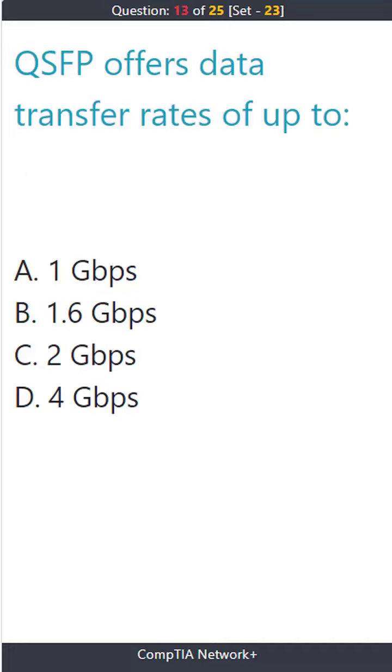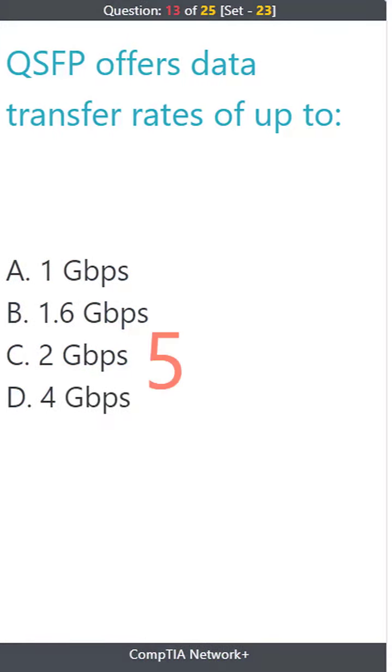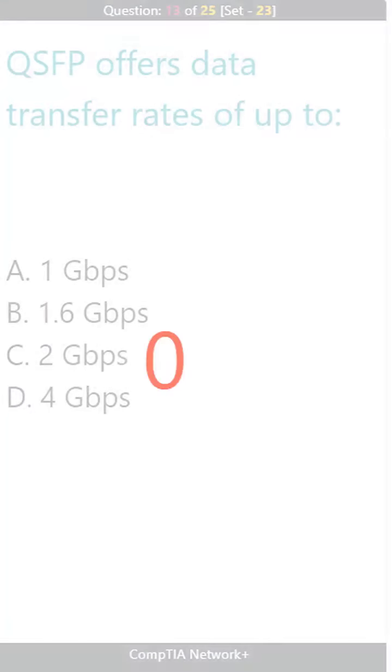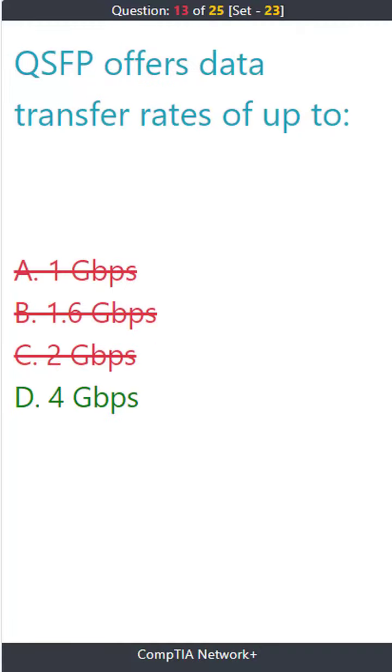Question 13. QSFP offers data transfer rates of up to A. 1 Gbps. B. 1.6 Gbps. C. 2 Gbps. D. 4 Gbps. The correct answer is D. 4 Gbps.